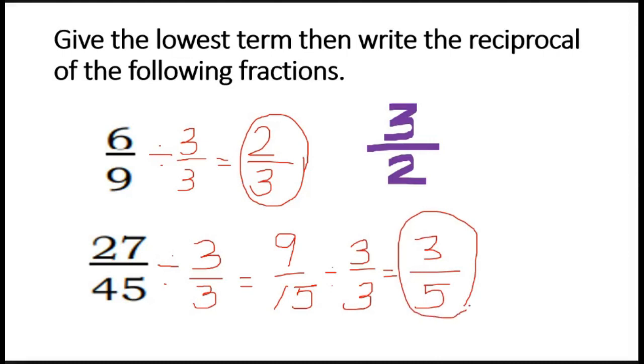So we have now the lowest term of 3 over 5. Now, let's have the reciprocal. Sa reciprocal, babalik na rin lang, 5 over 3. Yan. Tapos na.